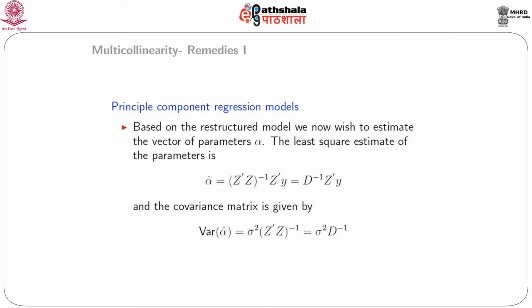The least squares estimate of the parameters alpha is given by alpha hat equals (Z prime Z) inverse Z prime y, where Z prime Z can be written as D. So, alpha hat equals D inverse times Z prime y, and the covariance matrix of alpha hat is given by variance of alpha hat equals sigma squared times (Z prime Z) inverse equals sigma squared times D inverse.